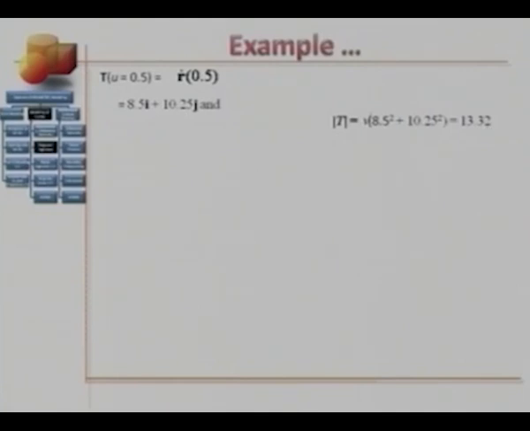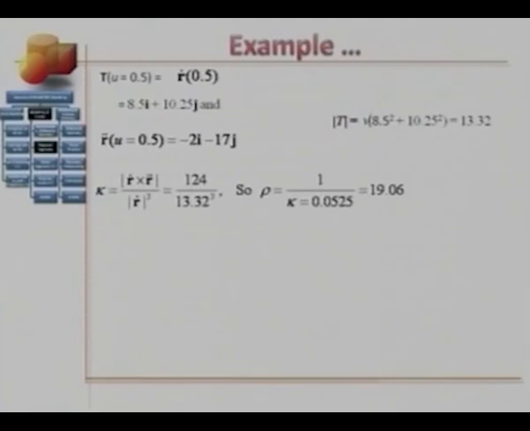This is not difficult. The unit tangent, therefore, will be this vector over this magnitude. Likewise, we can get r double dot at u = 0.5 as -2 times i - 17 times j.